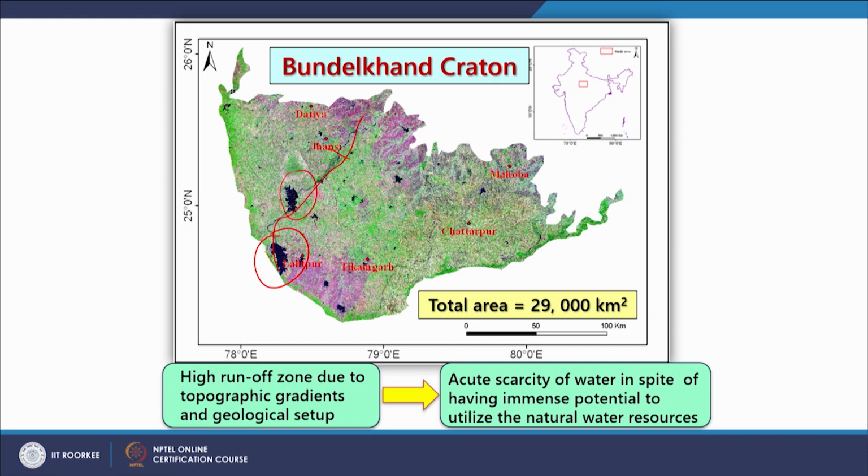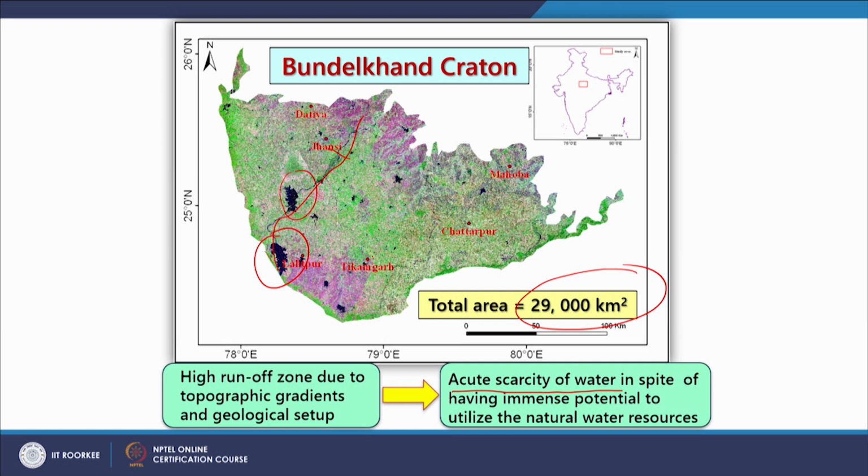So, this is the total area of the Bundelkhand Craton, which has exposed Bundelkhand granite or gneisses. This total area is 29,000 square kilometers, and this area really has an acute scarcity of water. Earlier it had more; now it is reducing because of these successive reservoirs and the efforts being made.